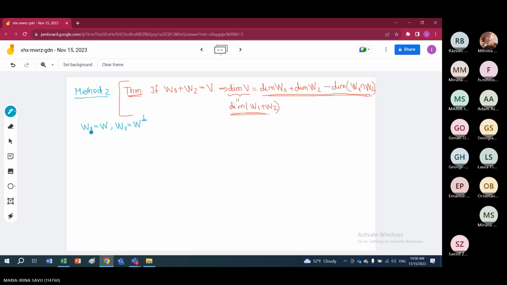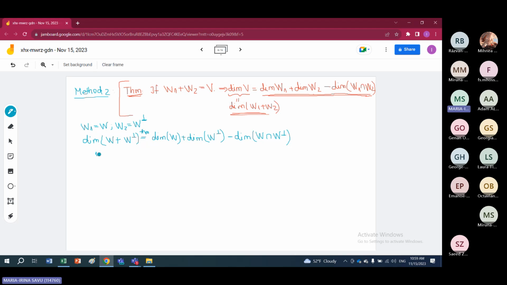So W1 is this space, W2 is this one. We have that the dimension of W plus W perpendicular is, from this theorem, given by the dimension of W plus the dimension of W perpendicular minus the dimension of the intersection.